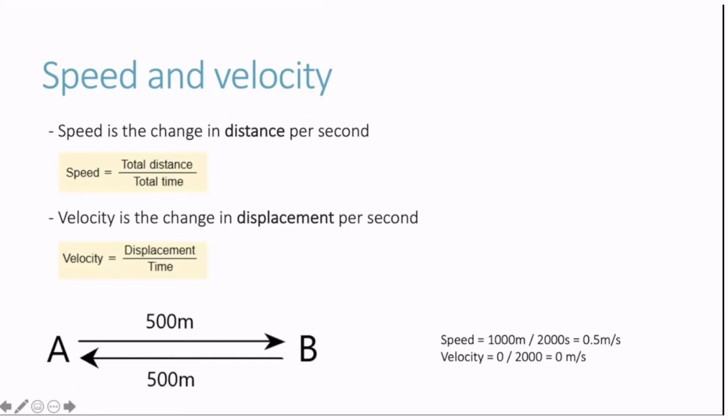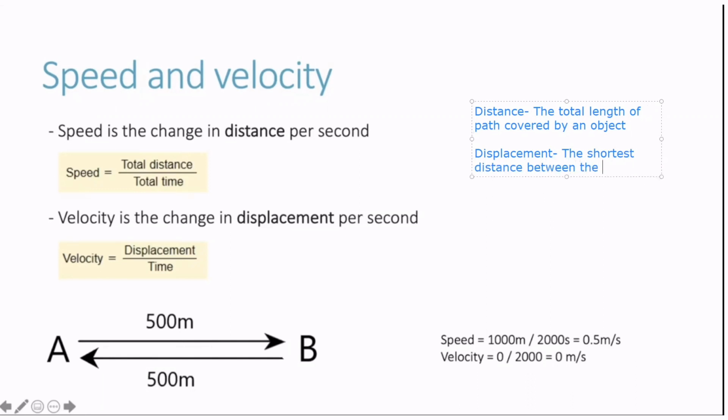Now, I'll explain that distance and displacement are two different terms, as distance is the total length of path covered by an object, whereas displacement is none other than the shortest distance between the initial point and the final point.